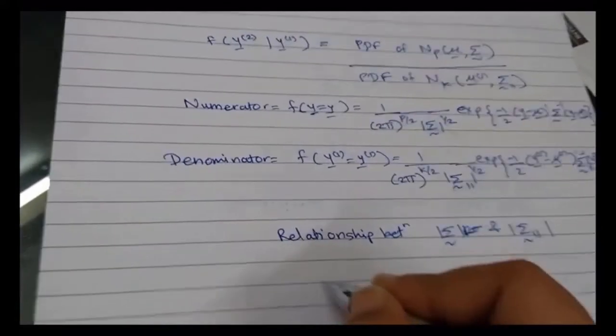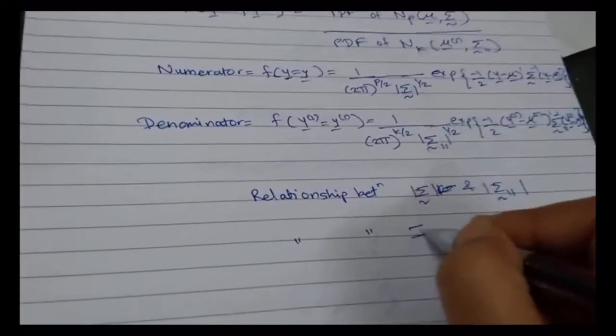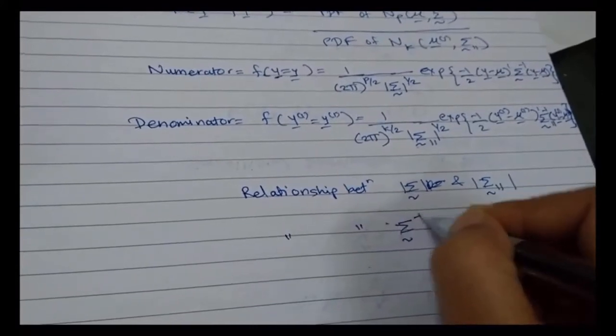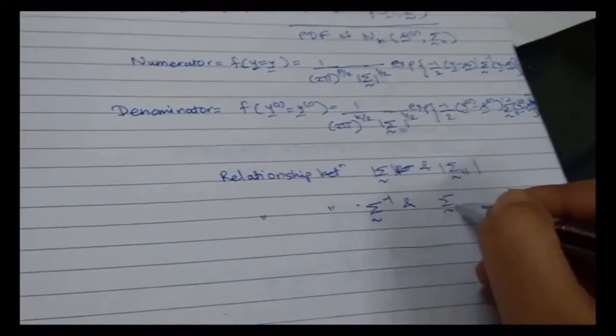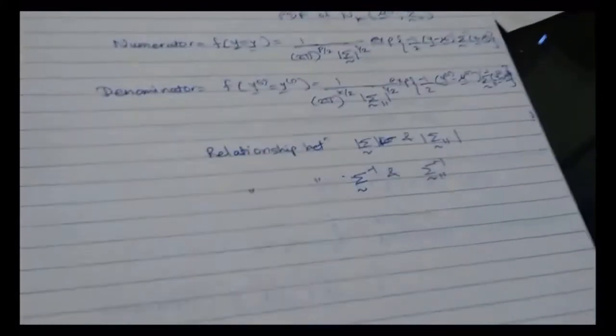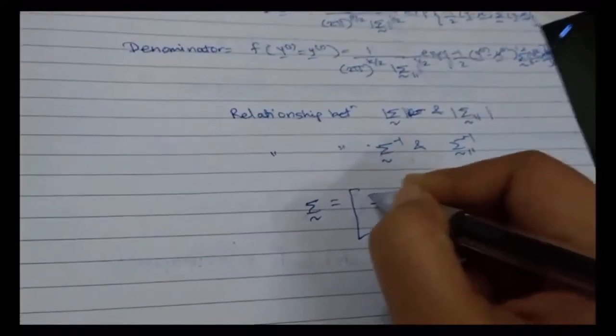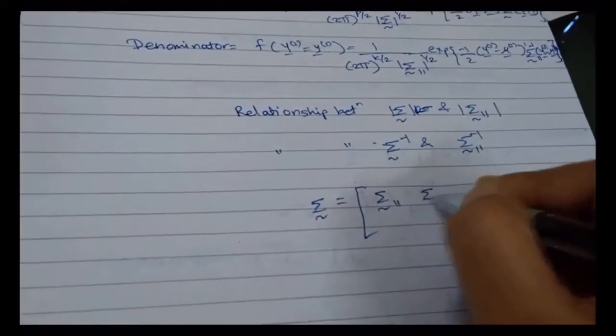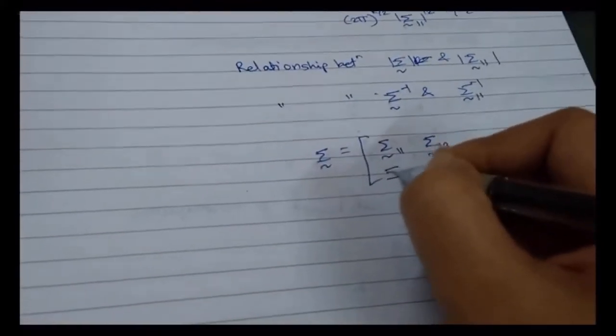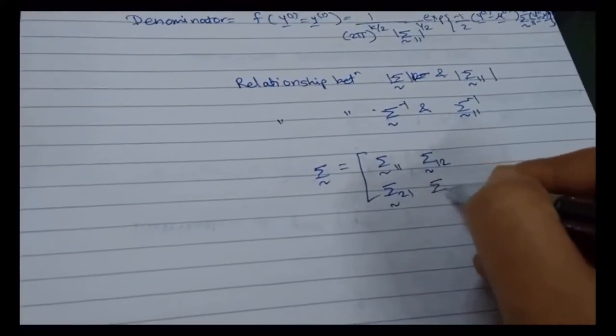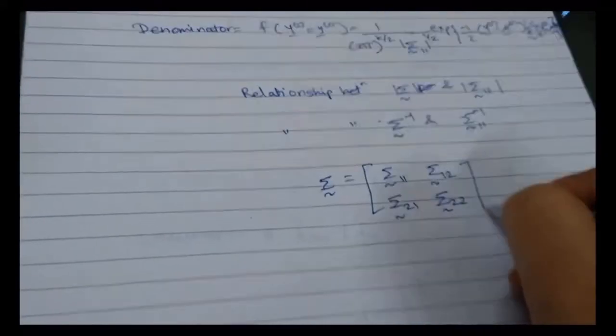And we also need the relationship between sigma inverse and sigma 1 1 inverse, where we know that my sigma is actually partitioned as sigma 1 1, sigma 1 2, sigma 2 1 and sigma 2 2.